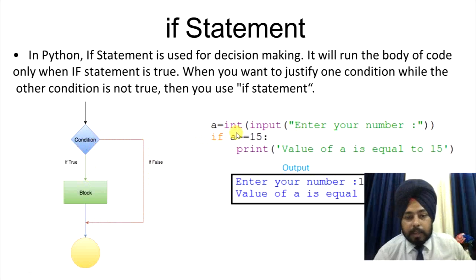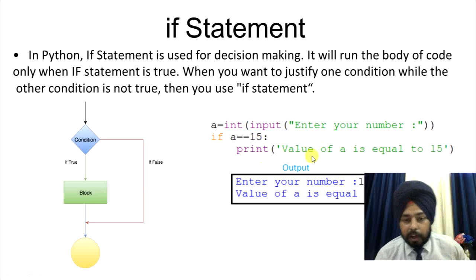The example is given here. a equals int input, enter your number. It will show the condition: if a double equals, the double equals sign is used for comparison between two numbers. If a equals 15, then it will print this value.